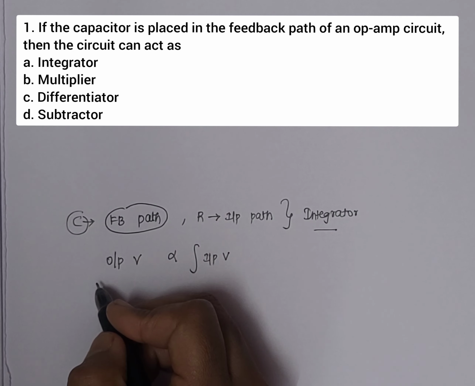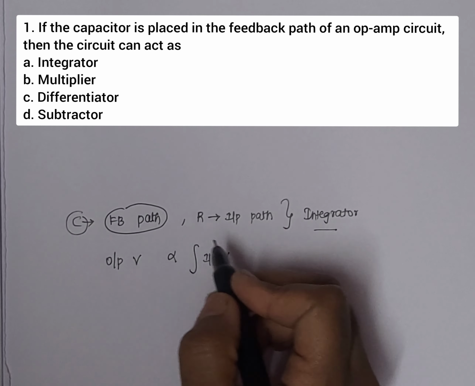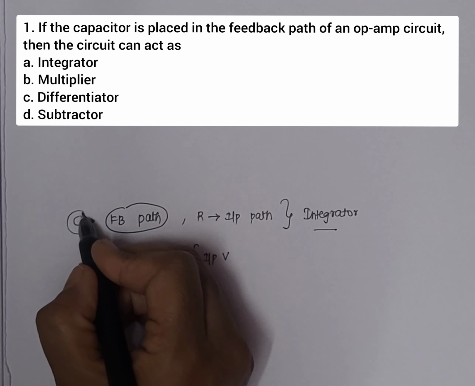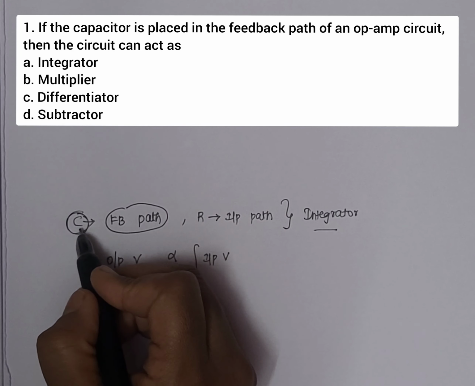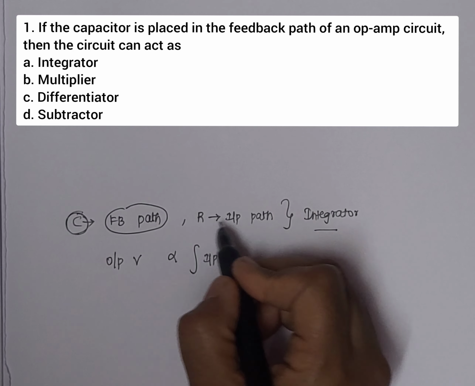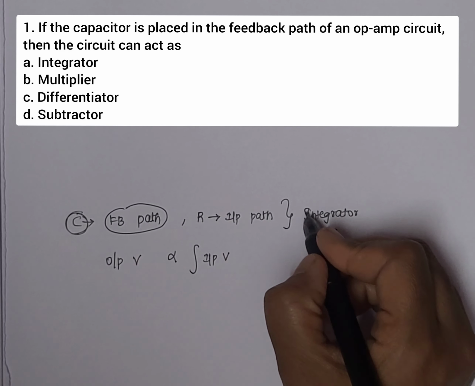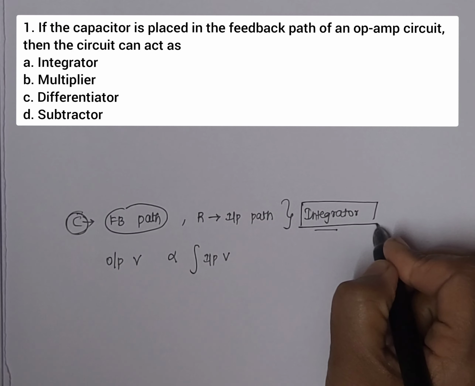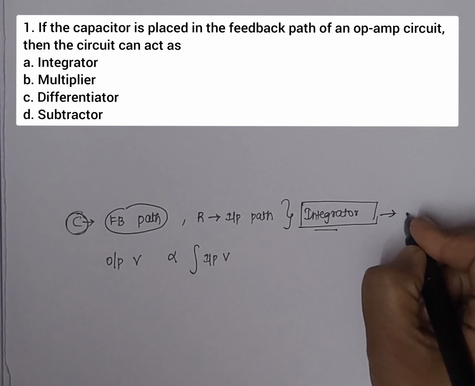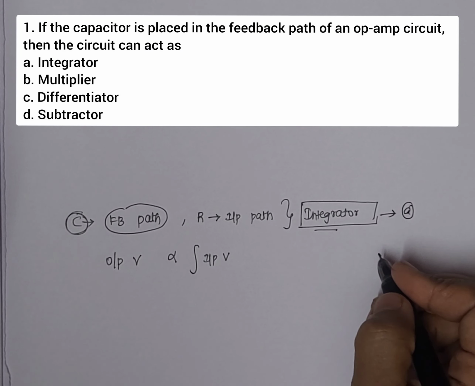The fourth option, subtractor, requires multiple resistors for differential operation, but not just a capacitor. So whenever a capacitor is placed in the feedback path and a resistor in the input path, this will contribute to the integrator circuit. Under the given options, option A is our correct answer.